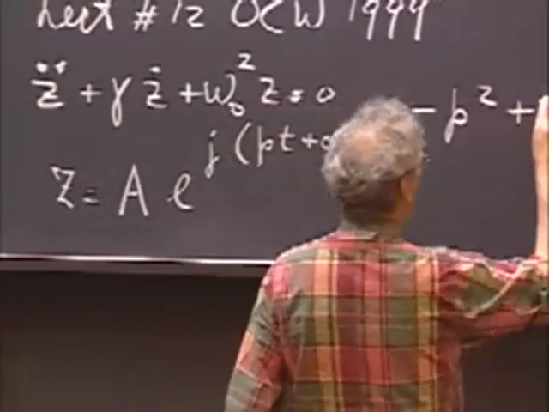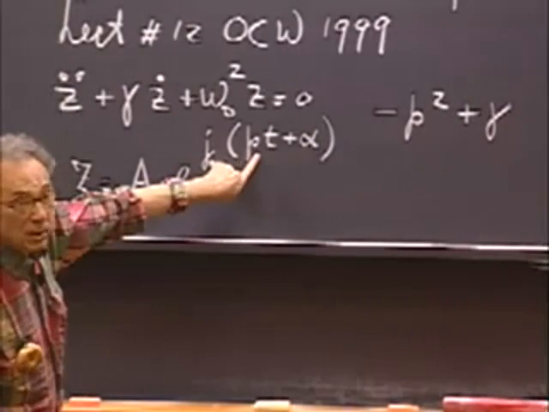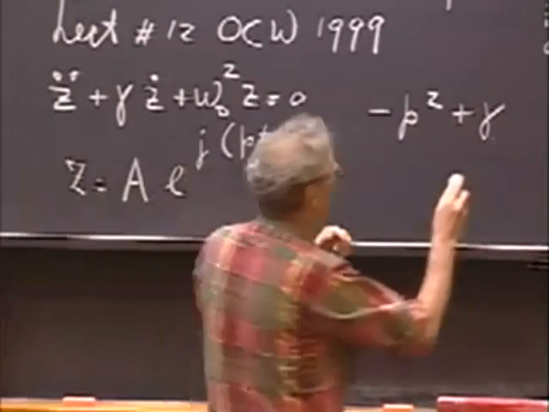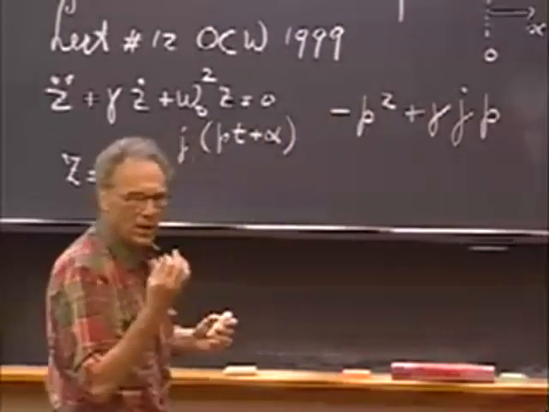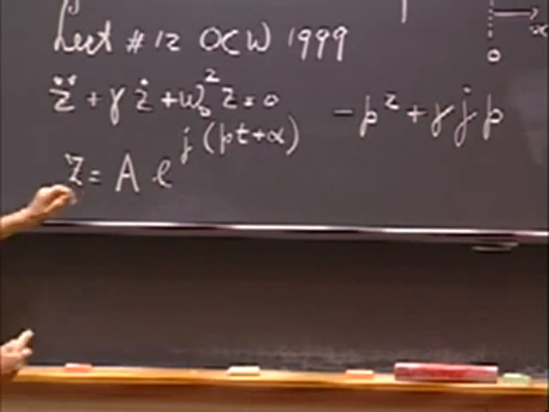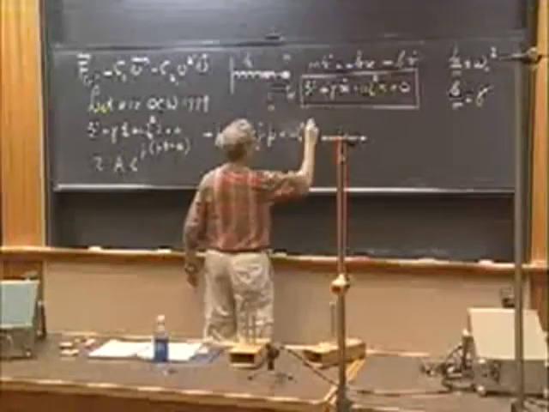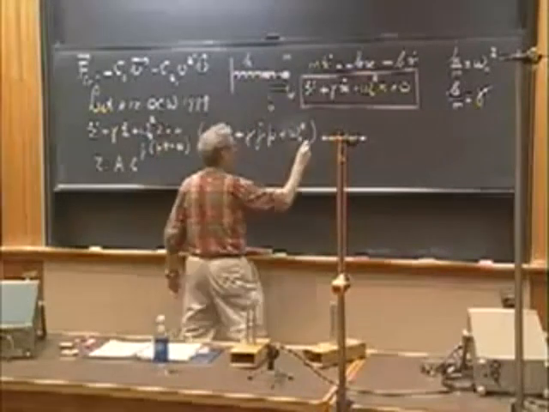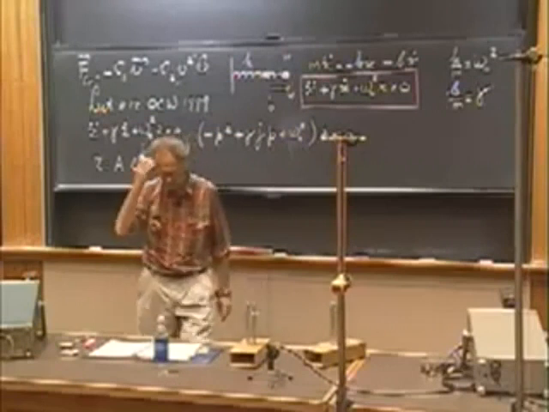Then I have plus gamma, and then what pops out is jp, because it's only the first derivative. You have to be very careful that you can distinguish your j's from your gammas. And then you get plus omega 0 squared, and the whole thing times z must be equal to 0.